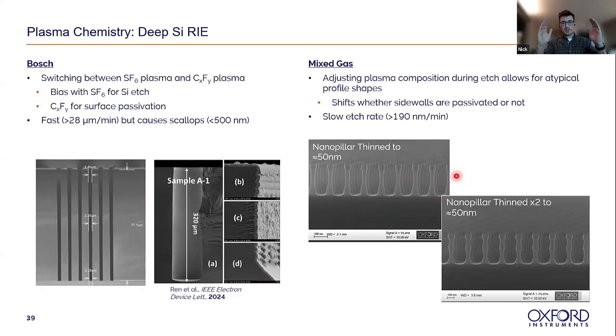Then if you switch back to a purely directional process again, you can get these nice tapered structures that you see here. And in fact, in this case, we did that more isotropic etch, went back to an anisotropic etch, and then went back to a slightly more isotropic etch again. So you get this double circle structure that you see on the right.